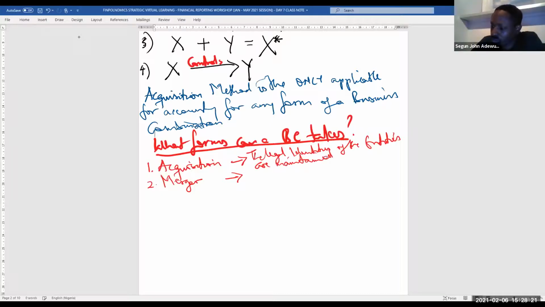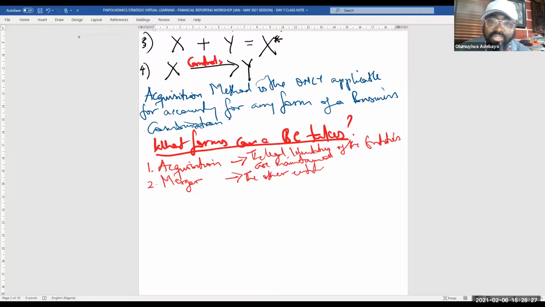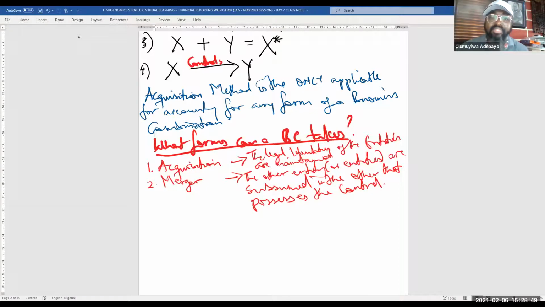But here, the other entity or entities are subsumed in the one that possesses the control. Does that make sense? Is that what your conclusion was? Yes, sure. Thank you. Any other contribution before we proceed?